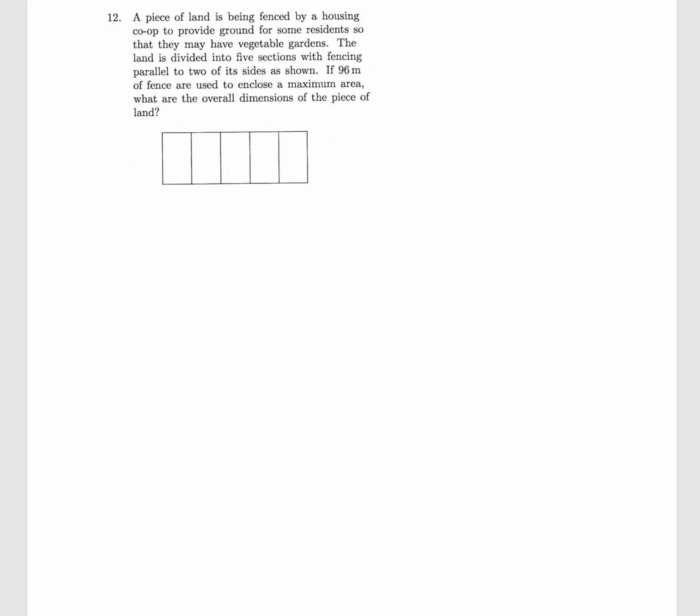So looking at this diagram we've been given, I'm just going to label some of these sides with variables. I'm going to call this shorter piece here L, and we can see that we have 1, 2, 3, 4, 5, 6 pieces of length L, and I'm going to call this whole section here W, and that's going to be the same as on this side.